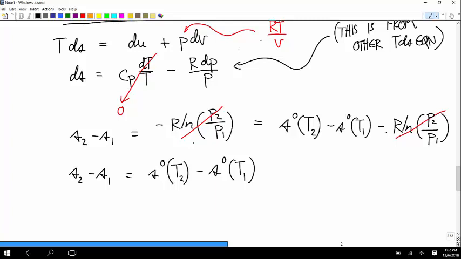But for each of those two individual isothermal processes, the temperature is constant. Isothermal, so there is heat transfer for both of these.